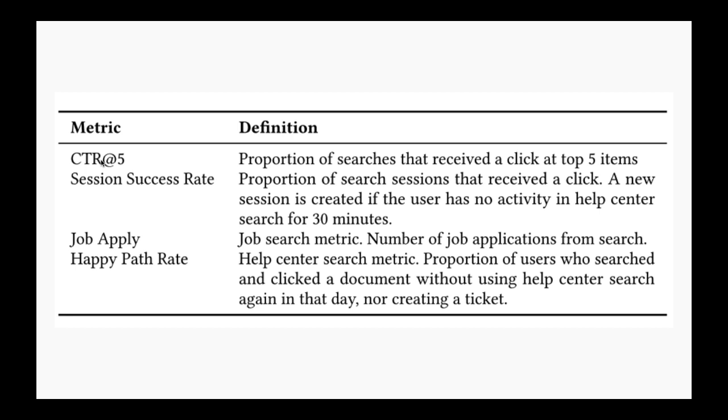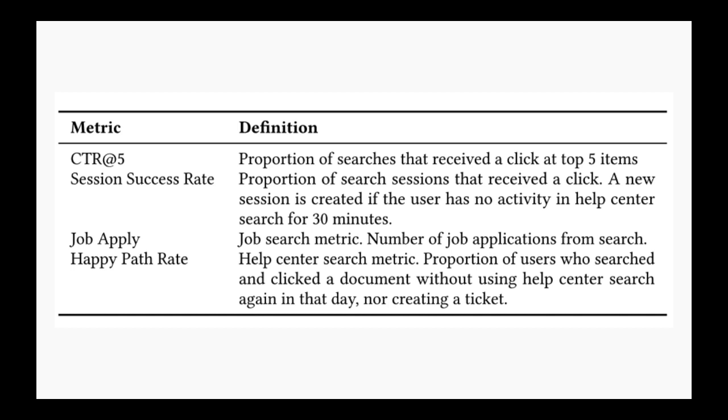For example, if I search deep learning explainer, then there will be a list of relevant documents, right? And if the result that I end up clicking is in the top 5 items, then it's considered true. If I didn't click or I clicked something other than the top 5 items, it's considered false, which is incorrect.